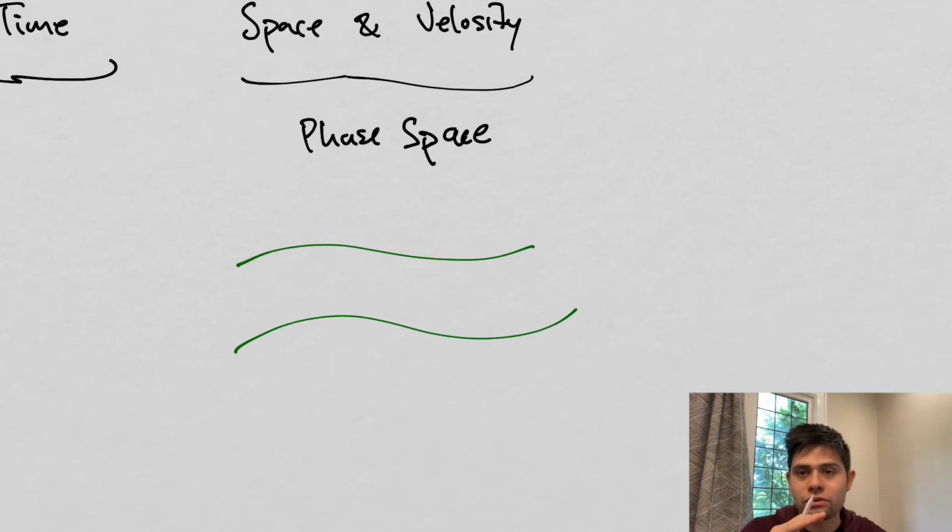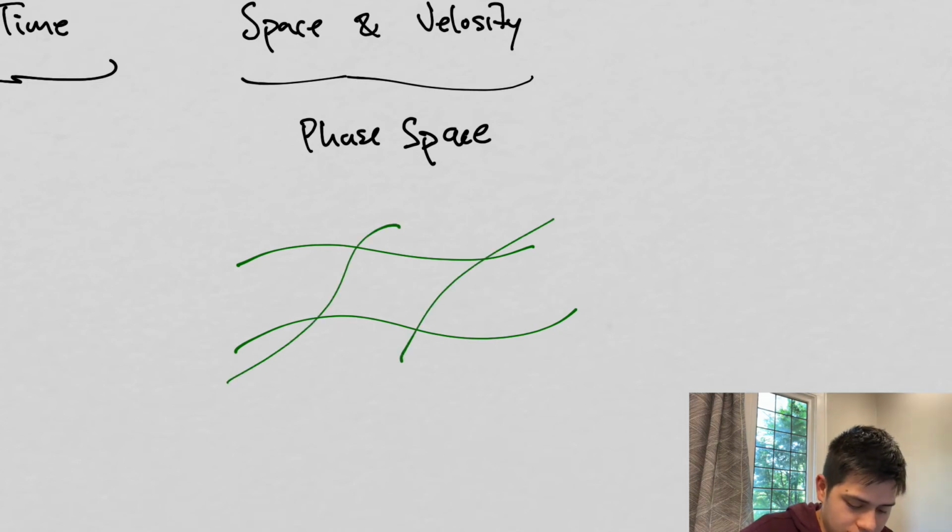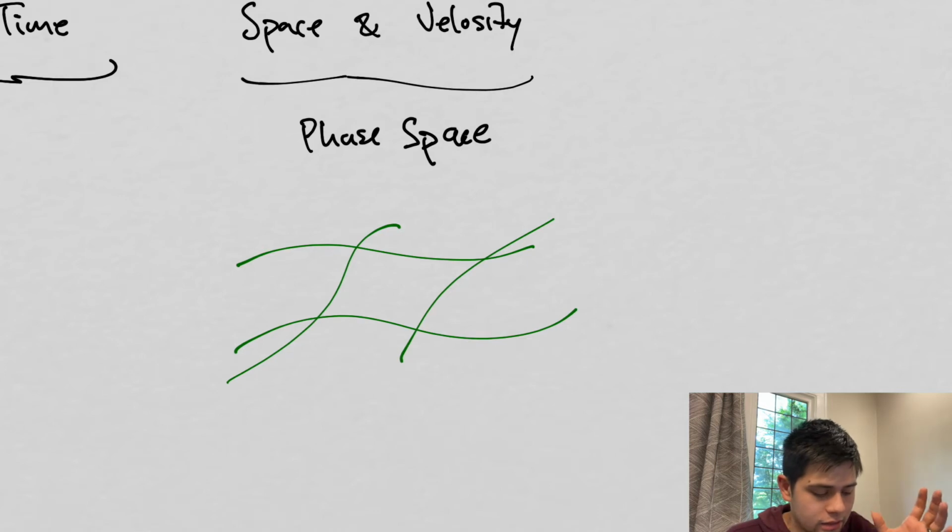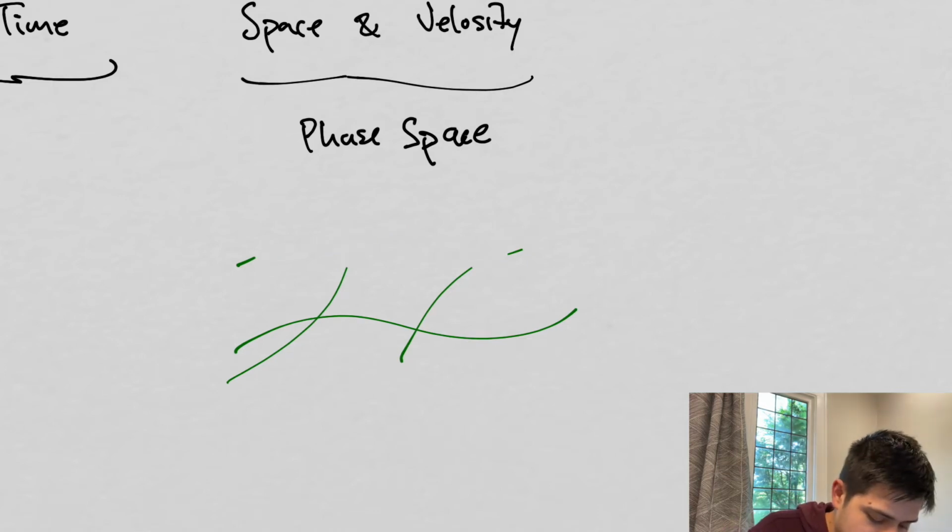Here I'm going to say this is our phase space. Actually, I want to draw this a little bit better because I want to get a point across here.